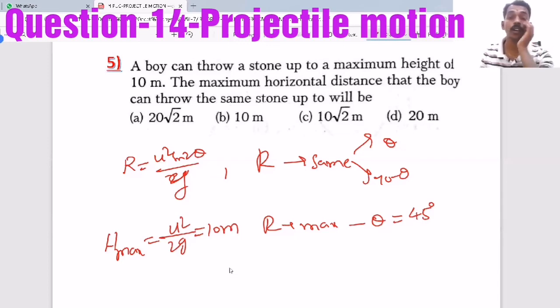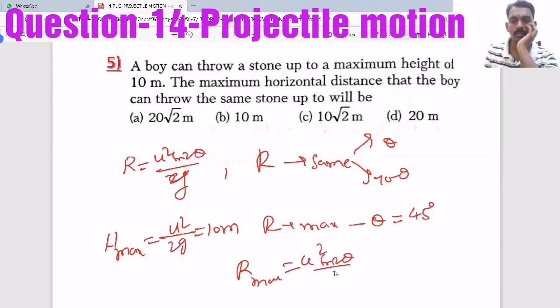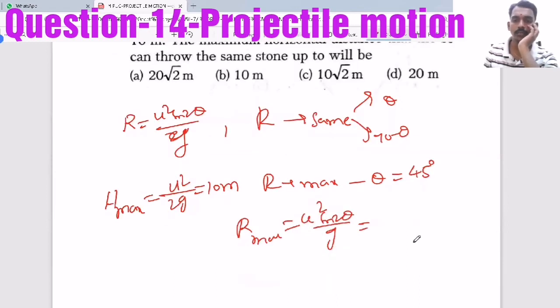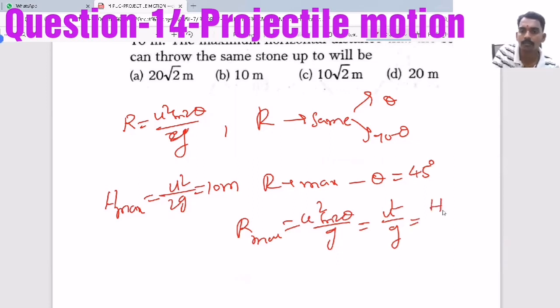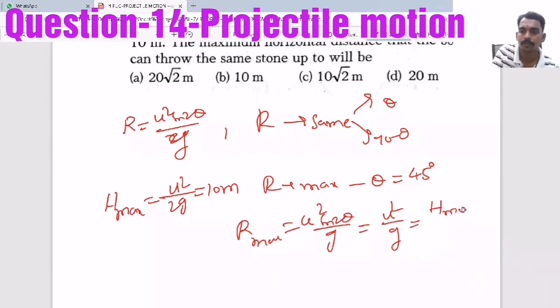And they are asking the maximum horizontal distance, which means r maximum. So r maximum is u square sine 2 theta by g, where theta is 45 so it becomes maximum, meaning u square by g, because sine of 2 into 45, sine 90, is 1. So r maximum is u square by g, which is twice h maximum.